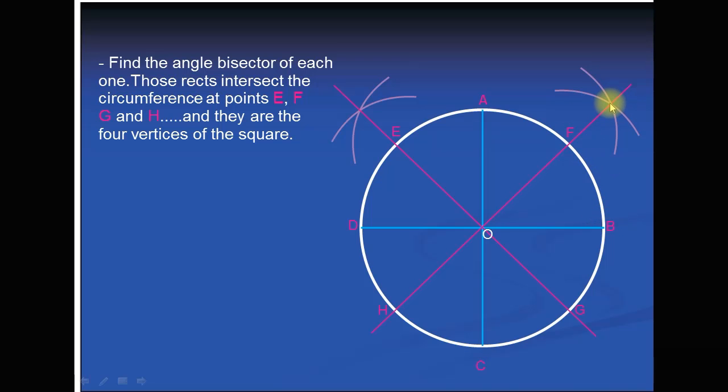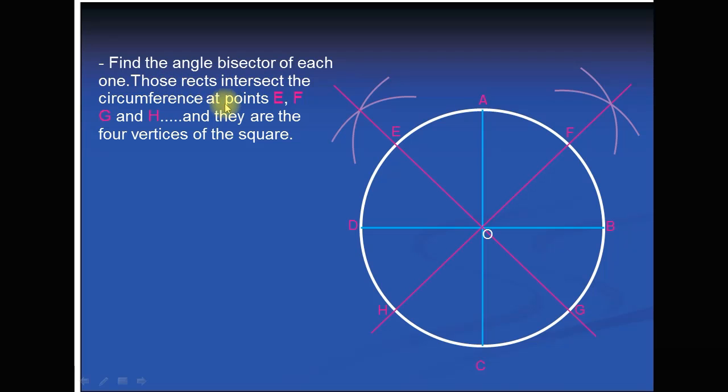Then connect this intersection point to the center point O. You will see here, this is the angle bisector of this angle, and similarly draw the angle bisector of this angle and this angle.